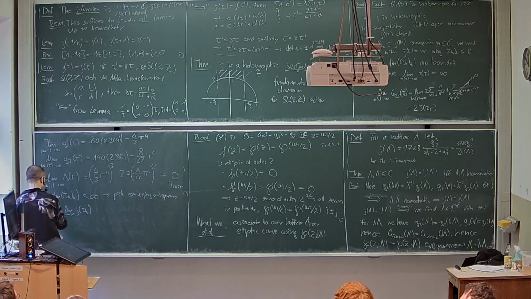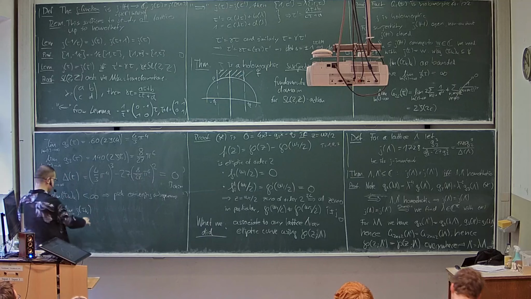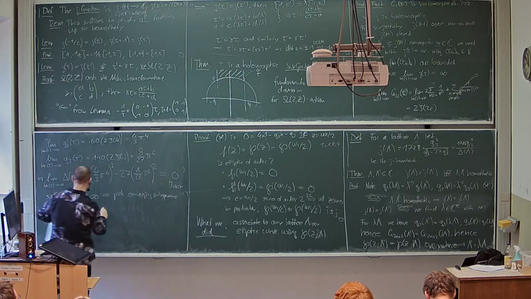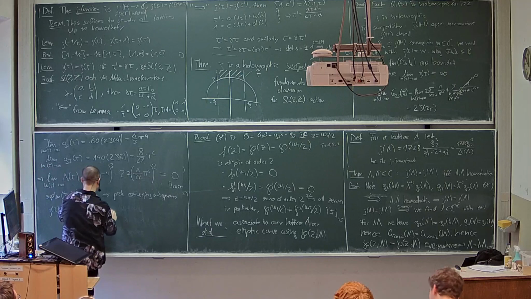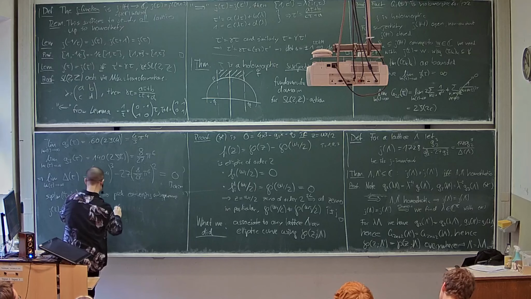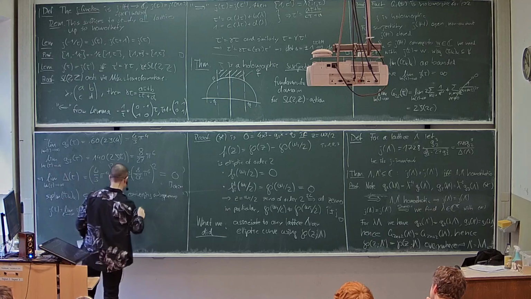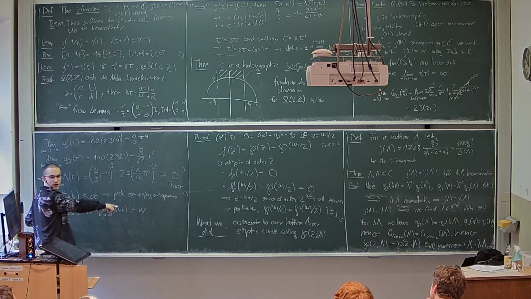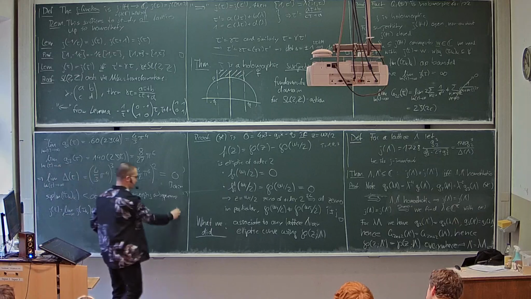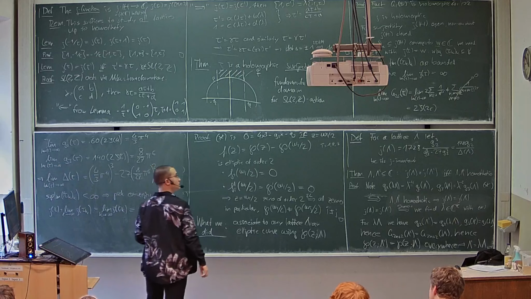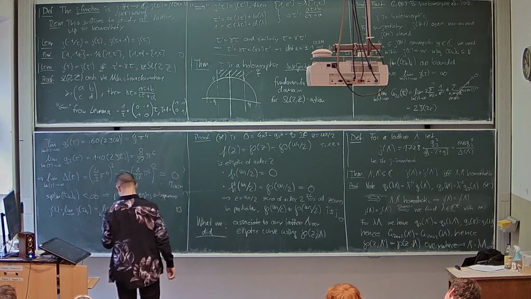So this will be j of tau, where tau is the limit of this converging subsequence. And this has to be the same as the limit for the original sequence, simply because this is a converging subsequence, and this converges to omega by assumption, and hence we found a preimage. And yeah, this proves this part.